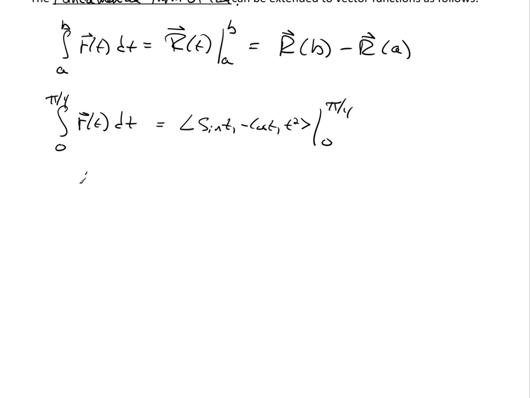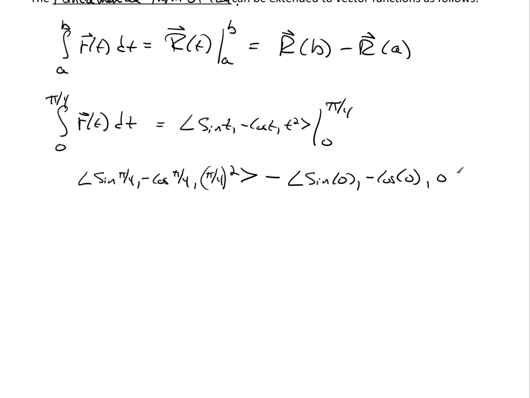So that's going to give me sine of pi over 4, negative cosine of pi over 4, pi over 4 squared, minus sine of 0, negative cosine of 0, and 0 squared.